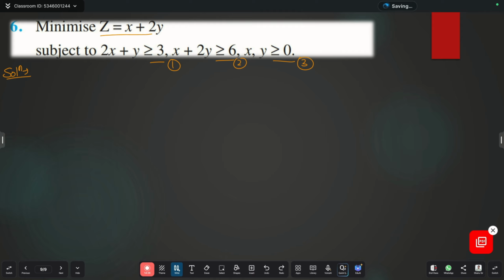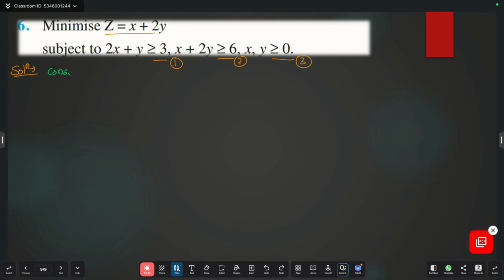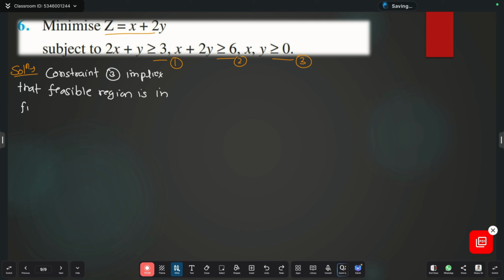After that, we can see constraint number 3 is a non-negative constraint. So constraint 3 implies that the feasible region is in the first quadrant.